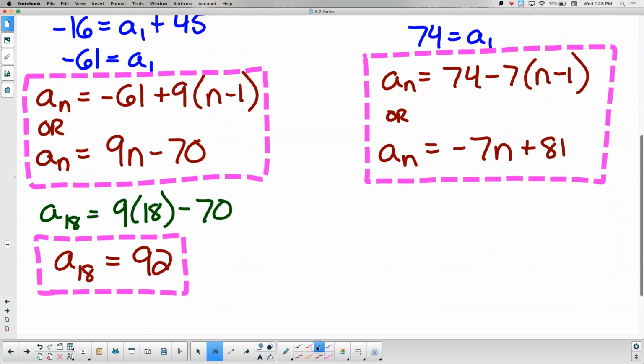And then my 18th term, negative 7 times 18 is negative 126, plus 81 is negative 45.